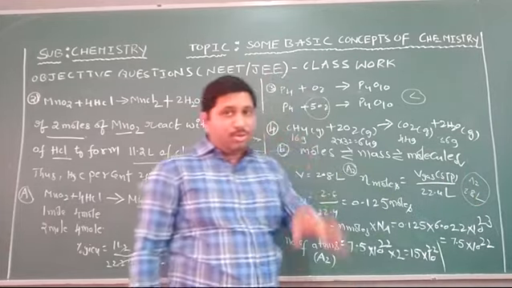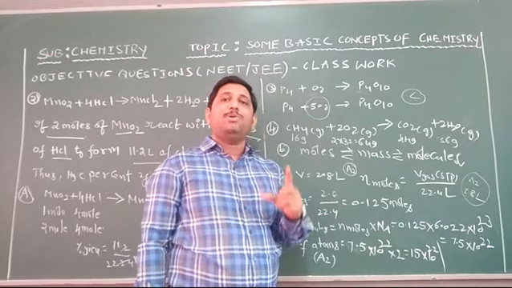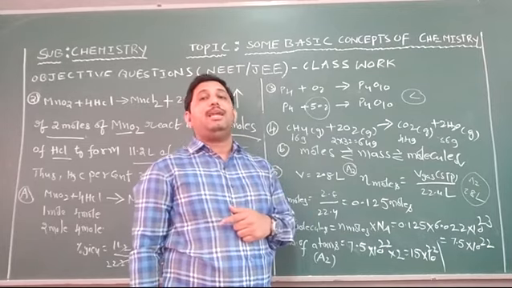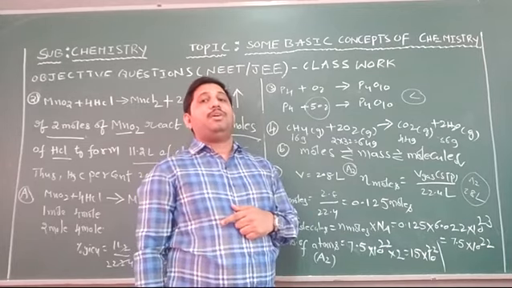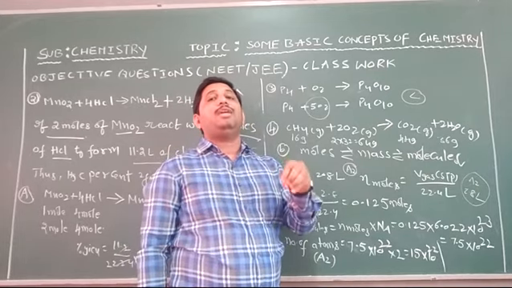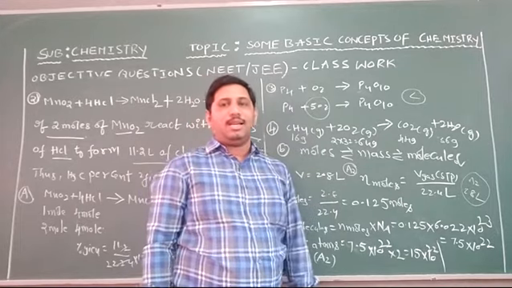Therefore, student, by using the volume, we have to find out the number of moles. From the number of moles, we can calculate the number of molecules. From the number of molecules, we can calculate the number of atoms. Clear, students? Here volume is given. From that we calculate moles, from that molecules, from that atoms.